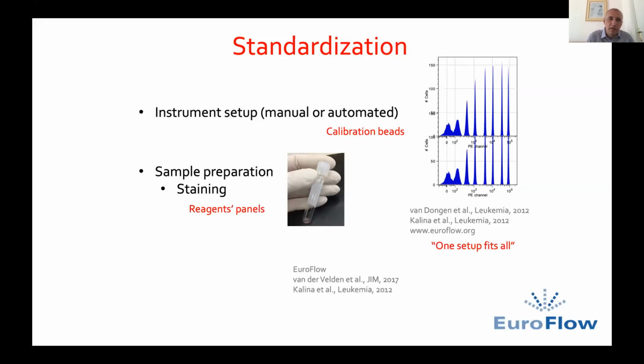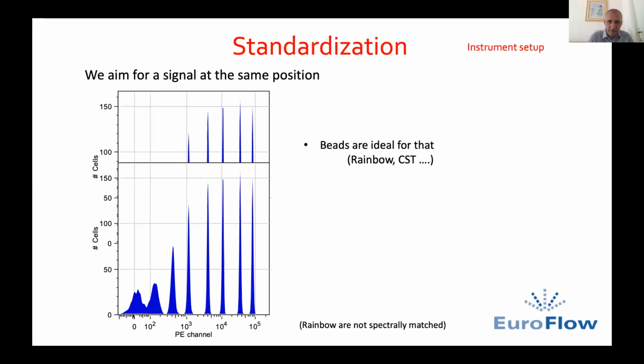We then standardize the sample preparation, which is mostly the cell preparation plus staining, where we use panels of reagents that are defined. If there are any alternatives in the individual reagents, we carefully test them and compare them to each other. And then we also have some methods for using computational tools to help us in our analysis.